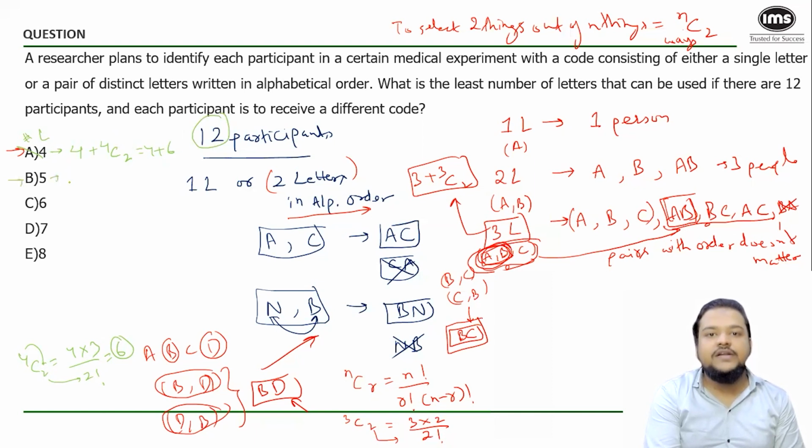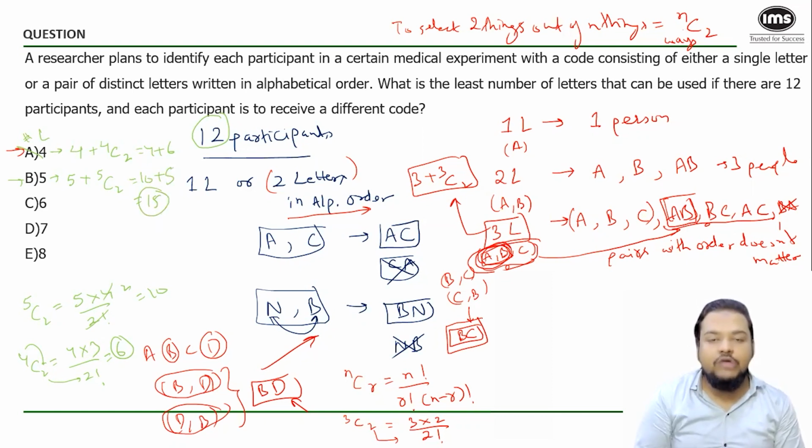So from 5 letters, how many participants can you code? 5 plus 5C2. And 5C2 is nothing but 5 into 4 divided by 2 factorial, which gives you 10. So 10 plus 5 gives you 15. Hence, by using 5 letters, you can code not just 12 participants, you can code 15 participants.